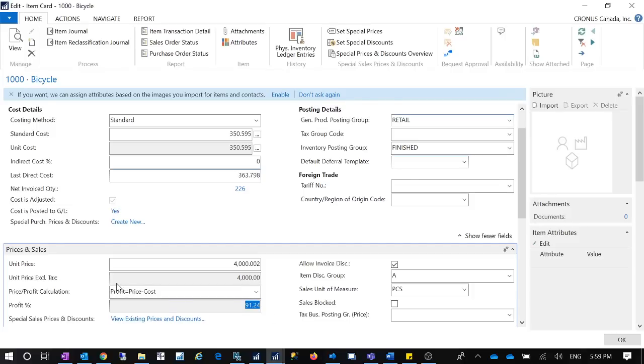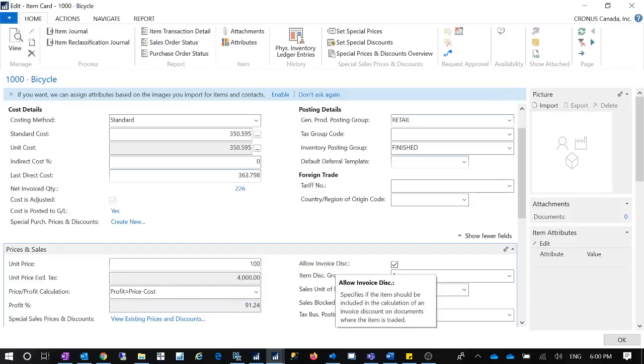So what this calculation defines is a limit. If profit is on the left-hand side, then you are not able to change it. You can only change the unit price.